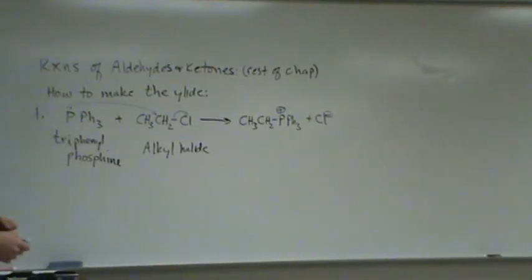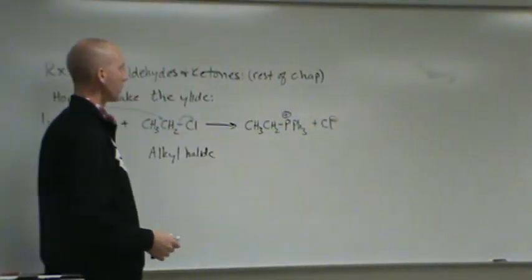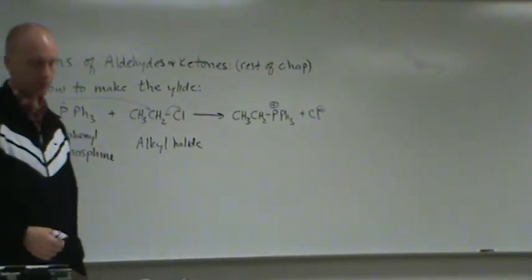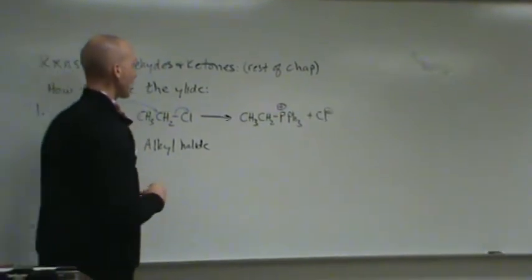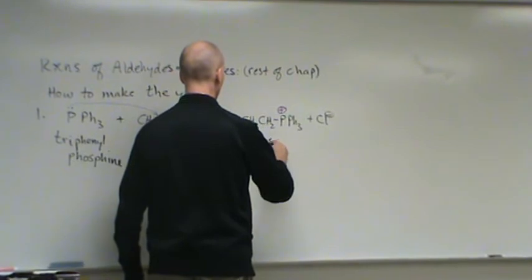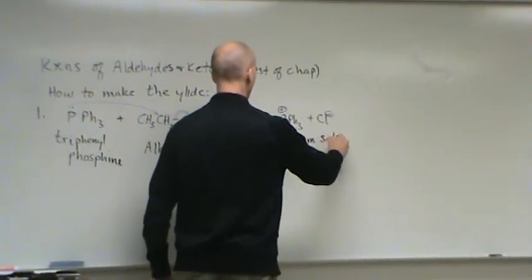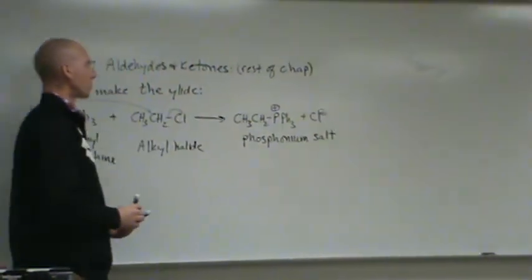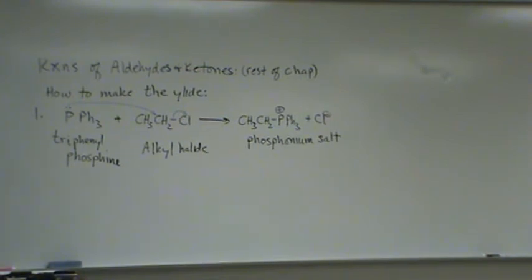We've lost an electron. And chlorine is Cl minus. And this thing here is what's called a phosphonium salt. So this is the first step in making the ylide.